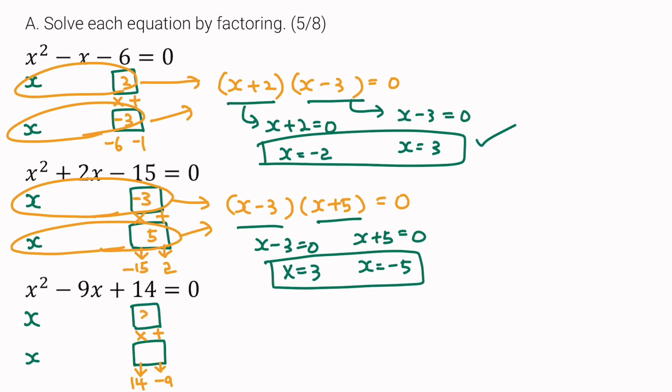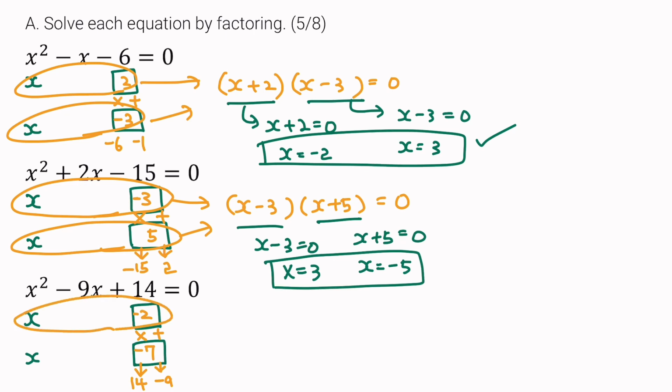How about 2 and 7? Well, 2 and 7 when multiplied together does give me +14, but when added together it gives me +9. So let's add negative signs to both of them. -2 times -7 does give me 14, but -2 plus -7 does give me -9. So those numbers are confirmed.